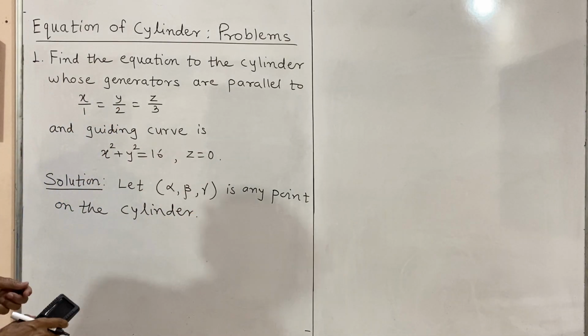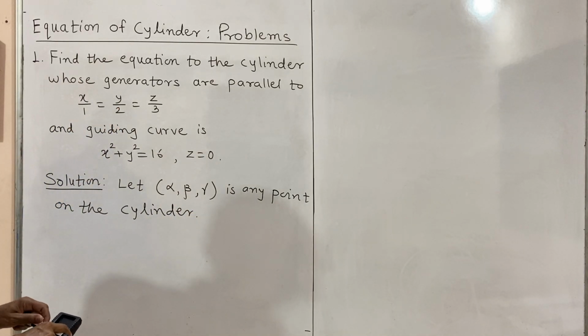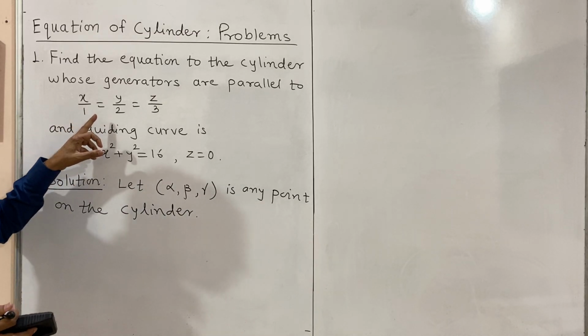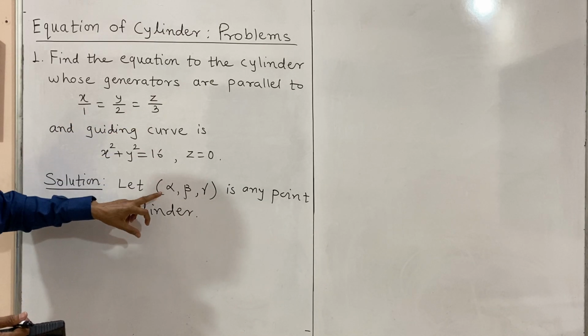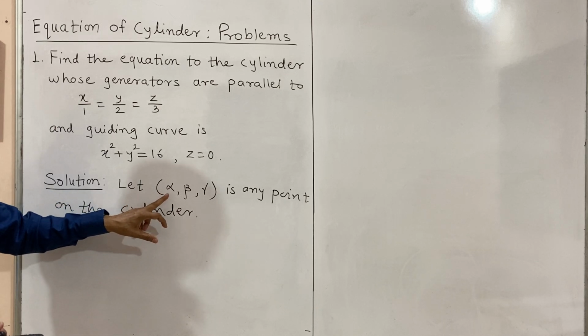Further, the generators of the cylinder are parallel to this line, and this gives that the generators have direction ratios 1, 2, 3, and a generator will pass through this point also.